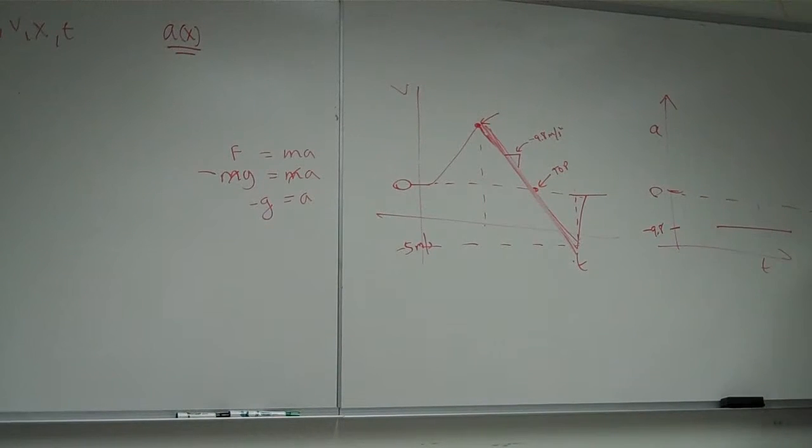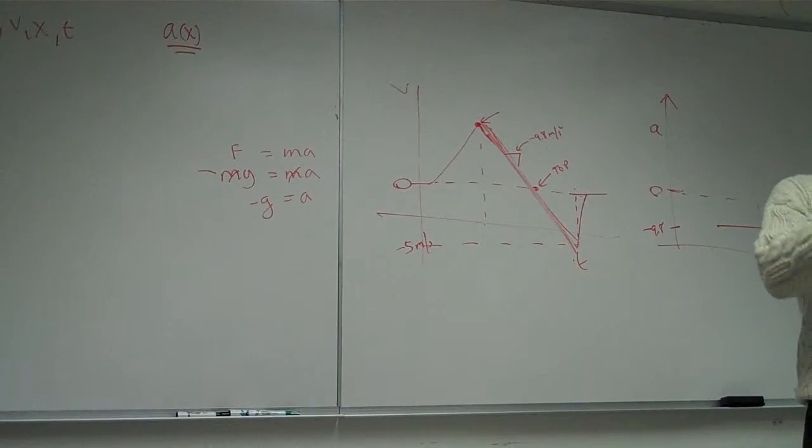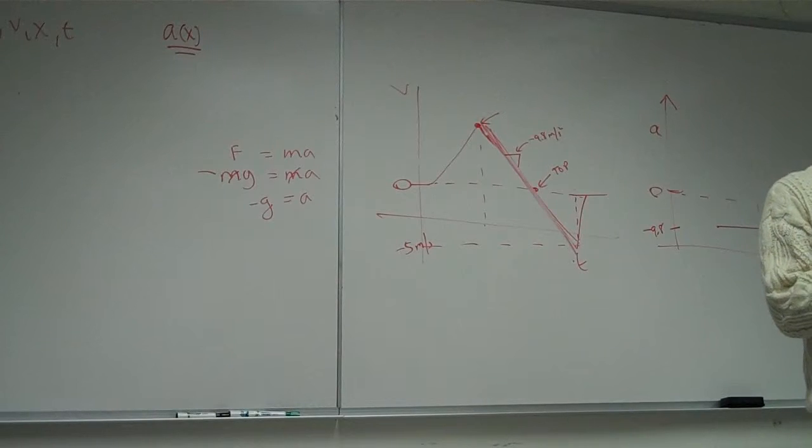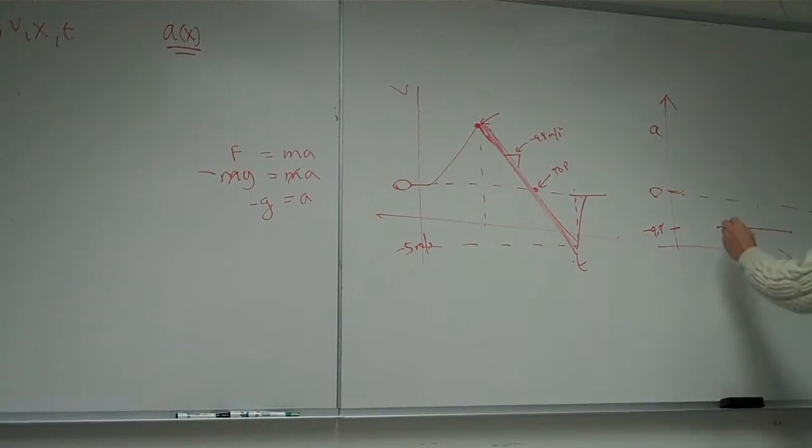Okay. Graph, while it's in the air, the acceleration is negative 9.8. Before I let go, it's accelerating upwards with a positive acceleration.